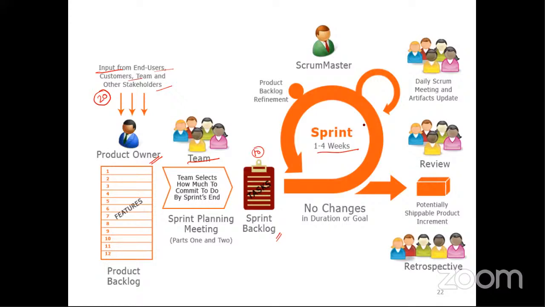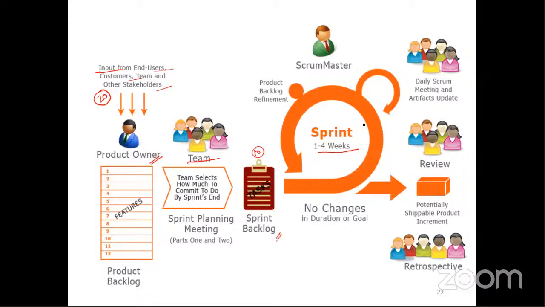So what happens in a sprint? There are basically different meetings and different things that go on in a sprint. There is a product backlog refinement. In a sprint, daily Scrum meetings happen that help to understand if there are any difficulties.